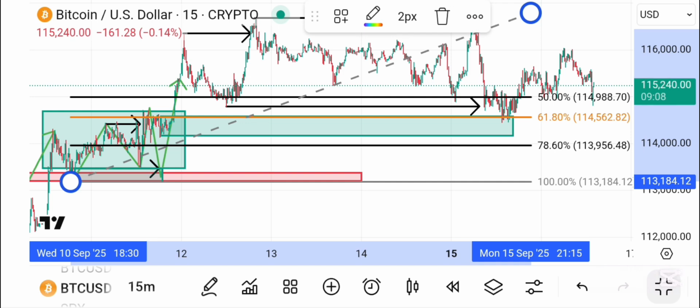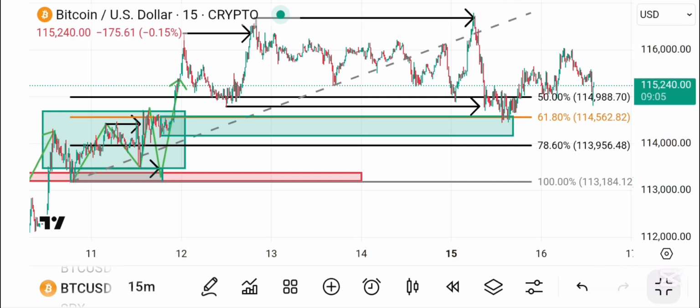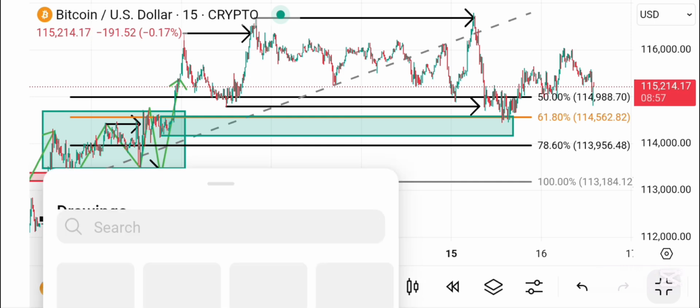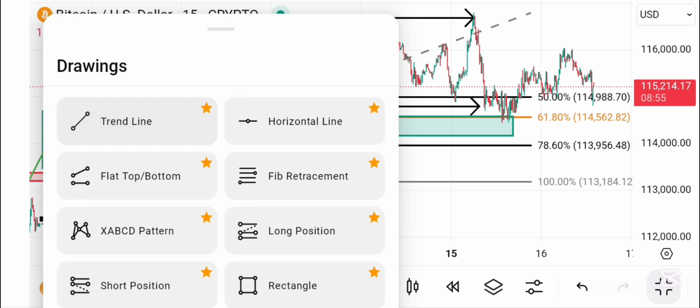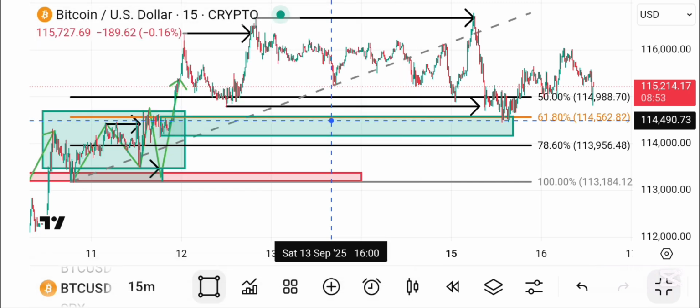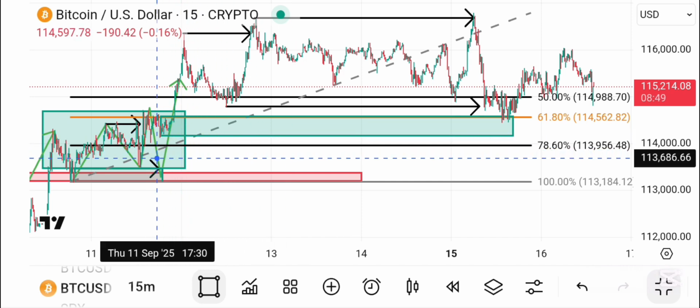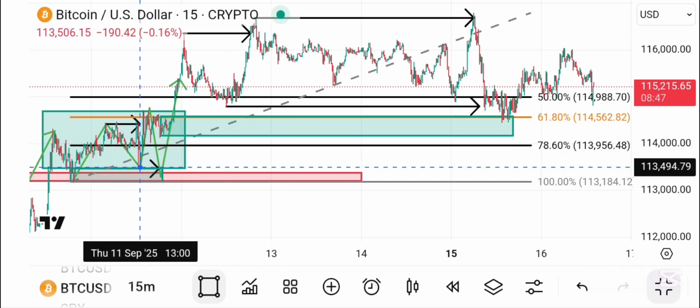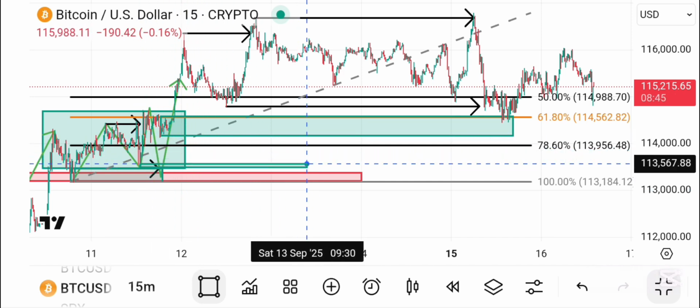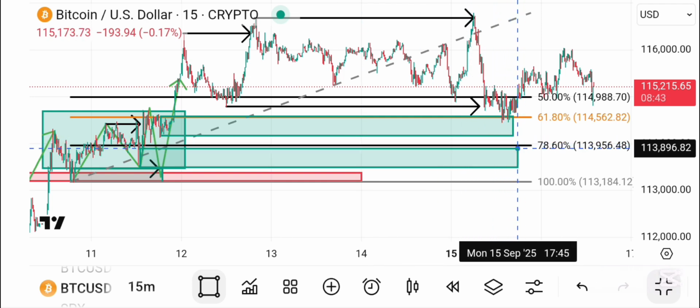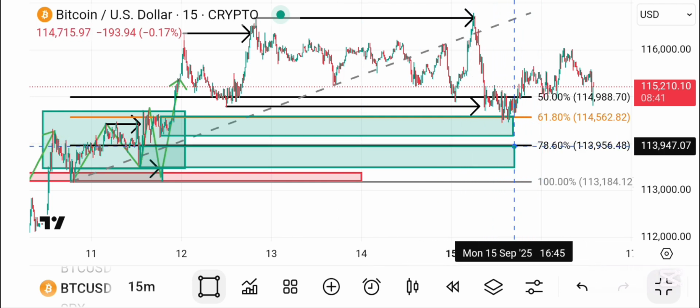So if you can see right here in the Fibonacci retracement tool, this demand zone is found at the 61% level, right? And for a more confirmed demand zone, like we previously said, it's mostly found around the 70% of the range. In this case, right here, this is the 70% of the range.